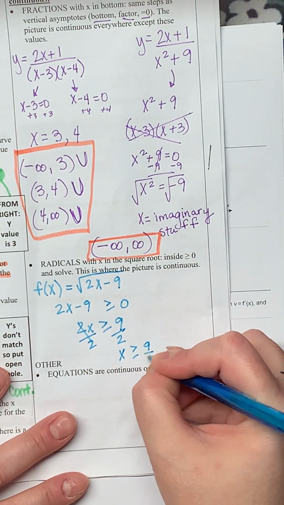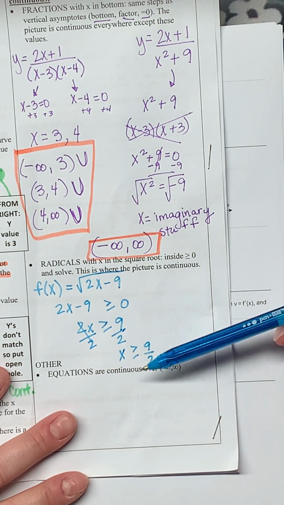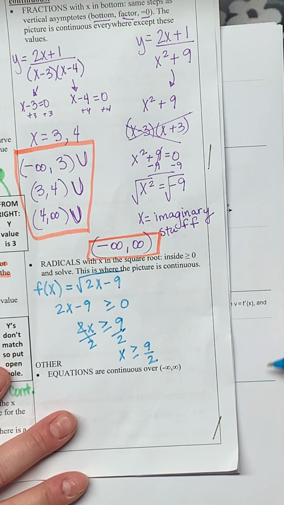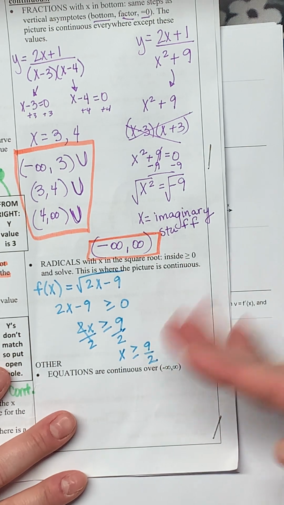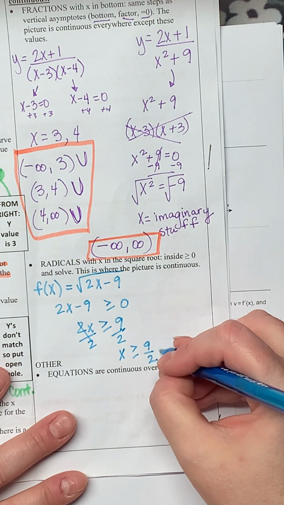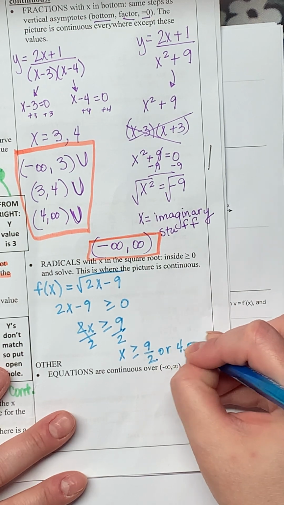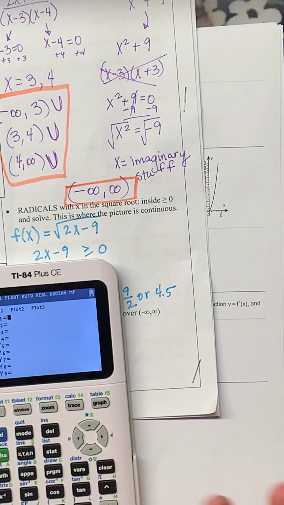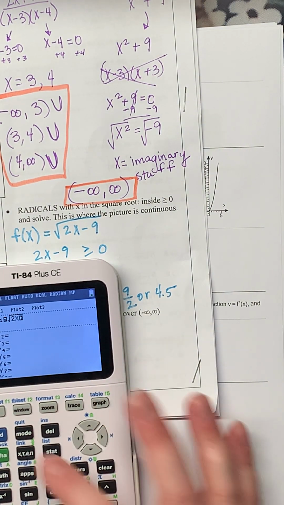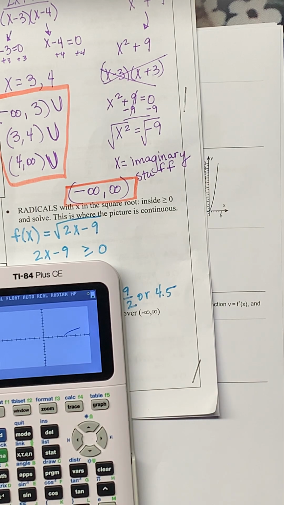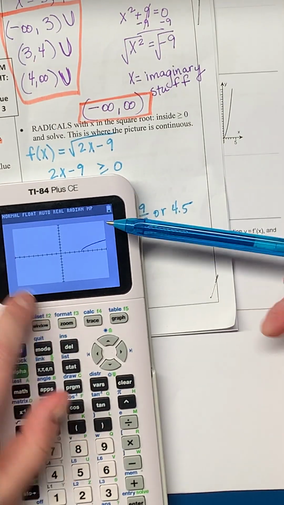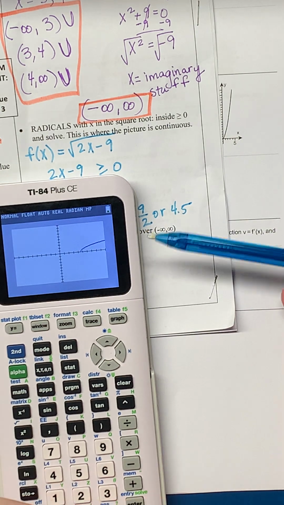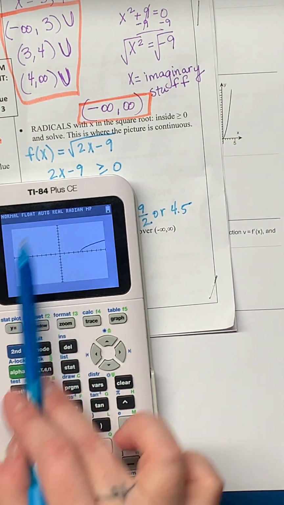And this says that every x bigger than or equal to 9 over 2 is good to go. Everything not that is bad. And 9 over 2 is another way of saying 4.5. So if I wanted to look at the picture of this, I could type it into my y equals and go to my graph, and it looks like the graph only exists around 4.5 and after, so nothing happens before.